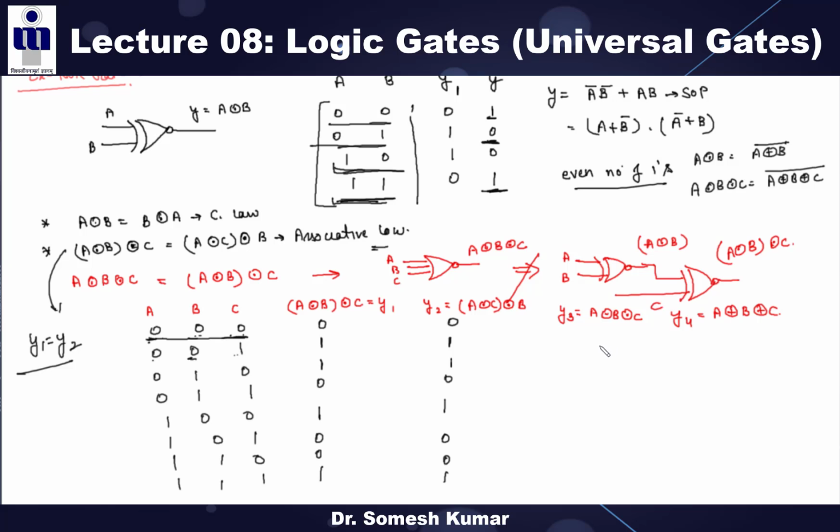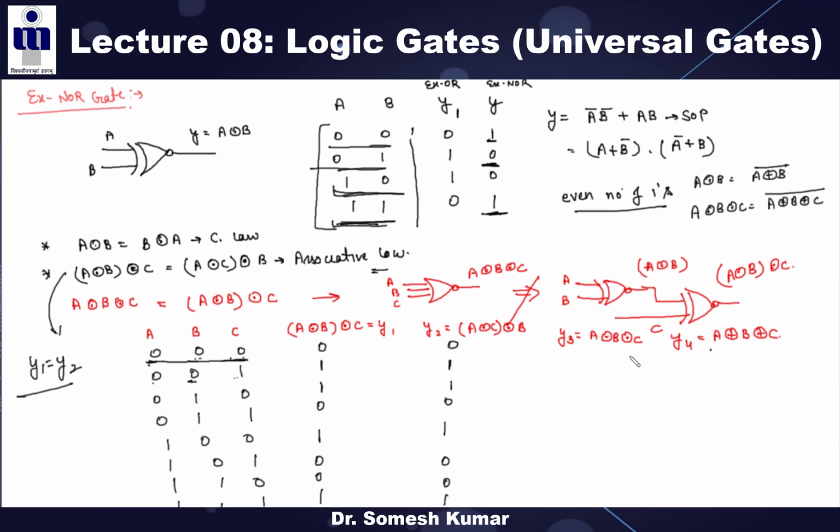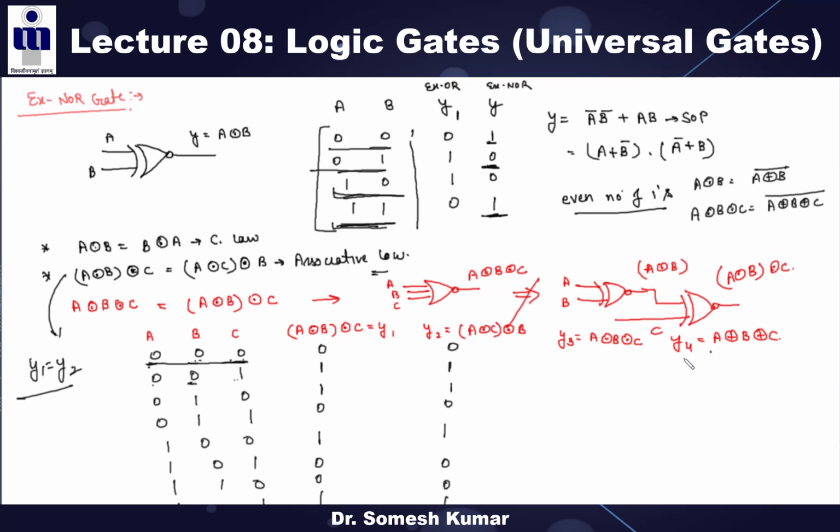Now tell me. You can write this thing. First you can write A XOR B XOR C. What is the output of this, Y4? Now what is Y4? Tell me. First it is 0, 0. In the next, what will come? Odd number of 1, so 1.